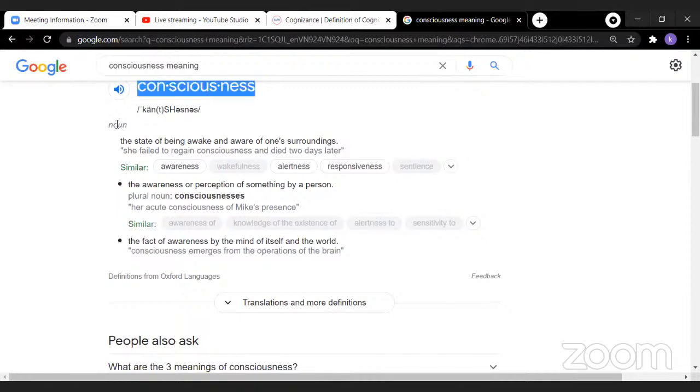Consciousness is a noun: the state of being awake or aware of one's surroundings; the awareness or perception of something by a person; the fact of awareness by the mind of itself and the world.